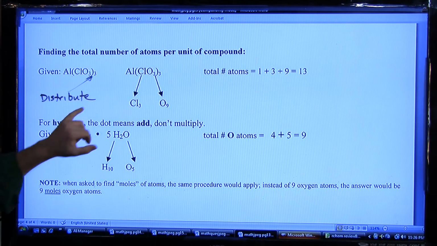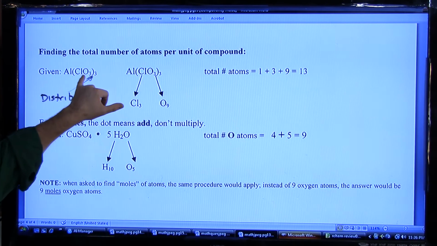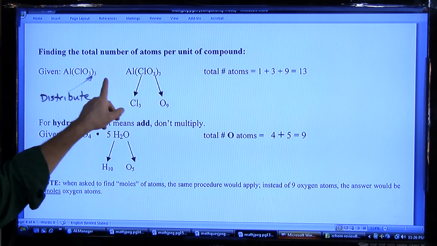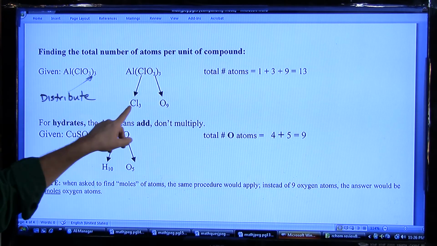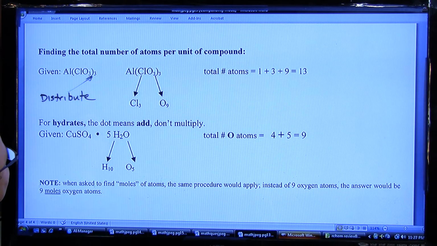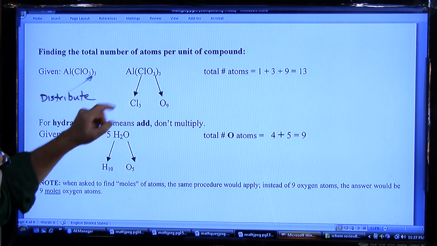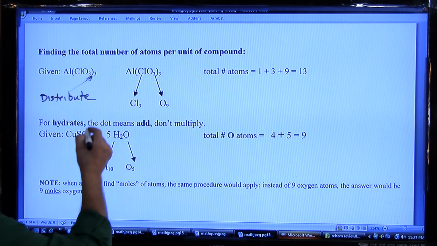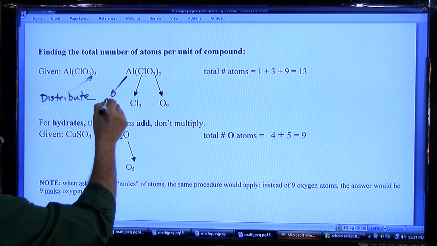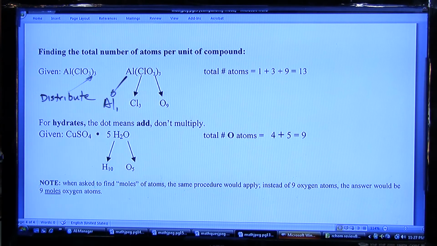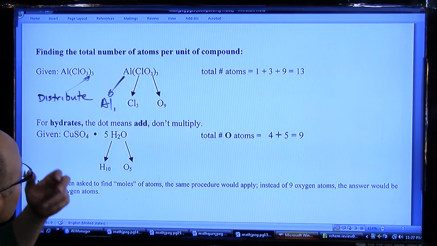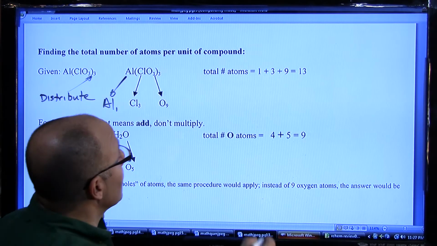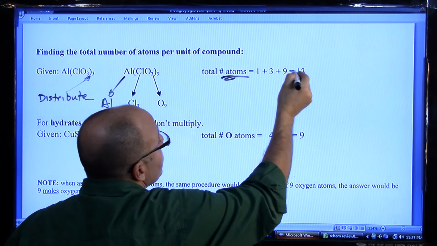And so here you'll have 3 times 3, 9 oxygens, and 3 times 1, 3 chlorine atoms. But 3 does not apply to the aluminum. There's only 1 aluminum. So it's 1 aluminum, 3 chlorines, and 9 oxygens is going to give us a total of 13 atoms.